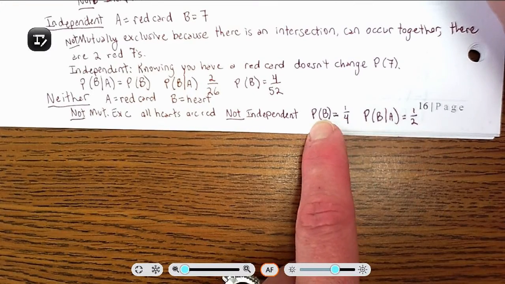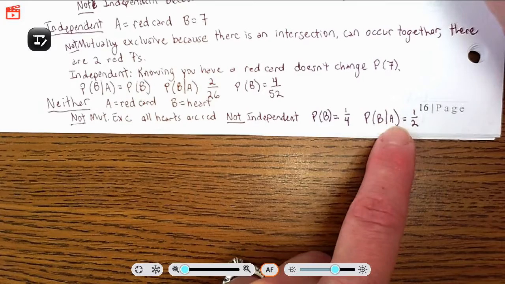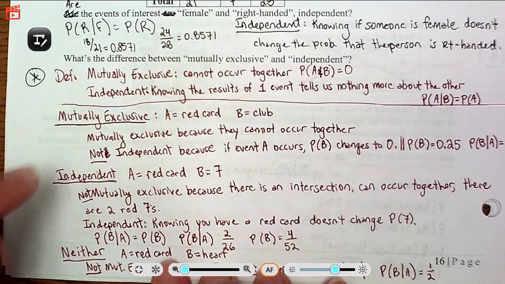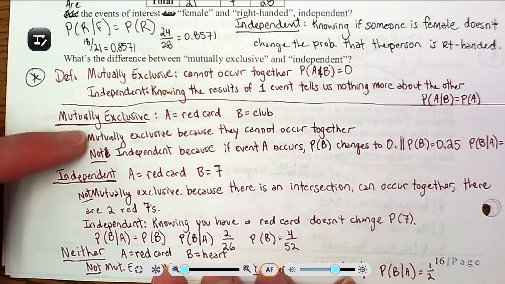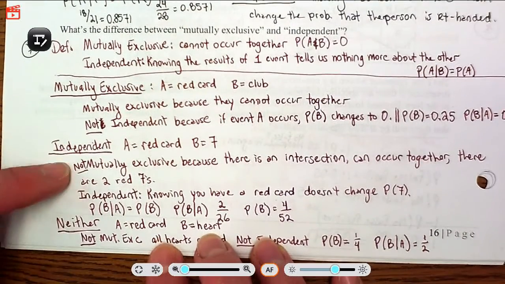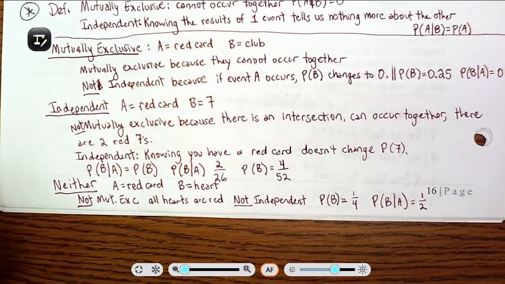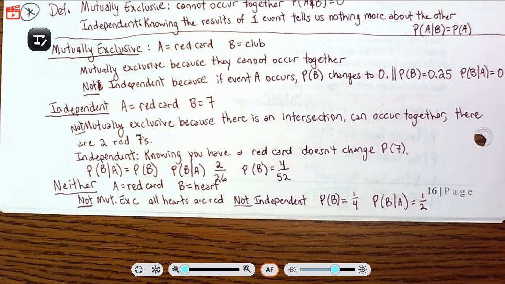The probability of a heart is 1/4, and the probability of a heart given it's a red card is 1/2. Okay, so those are your 3 situations. You have either mutually exclusive events that are not independent, or you have independent events that are not mutually exclusive, or you have not independent and not mutually exclusive. But they can never happen together where you have independent and mutually exclusive.